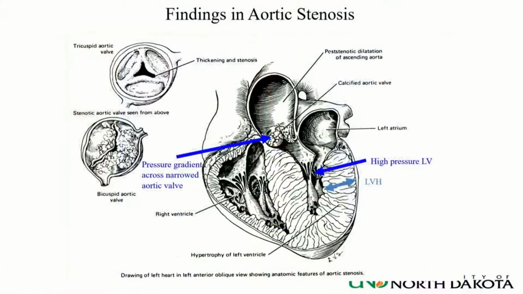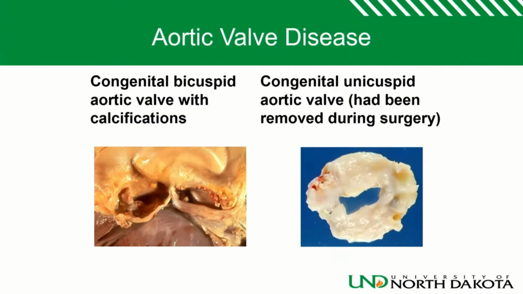This is a diagram that again shows it. You see the thick wall, the high pressure in the left ventricle, and the narrowed valve of the aortic stenosis. Here are just some examples, some surgical specimens, bicuspid valve, a unicuspid valve. So here's a patient who was born with just one leaflet rather than the three that you and I have.